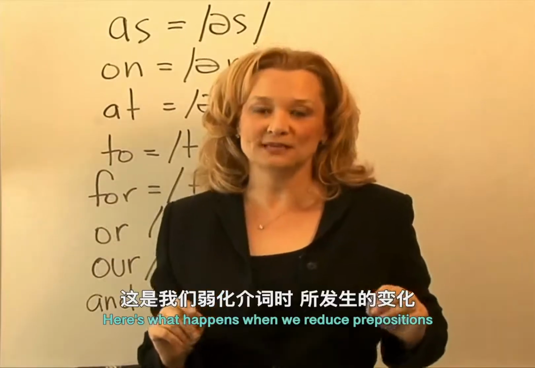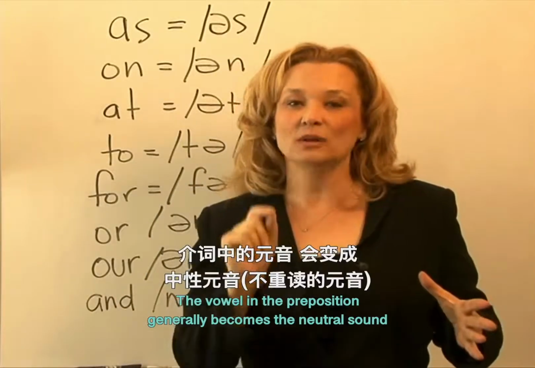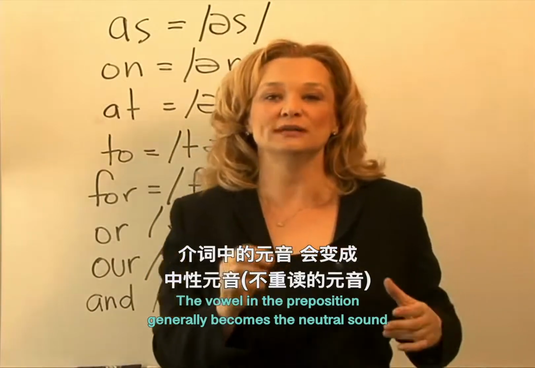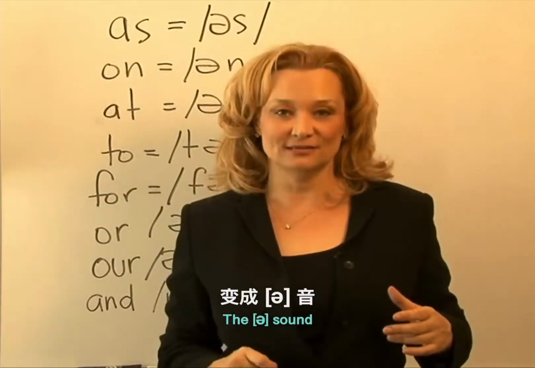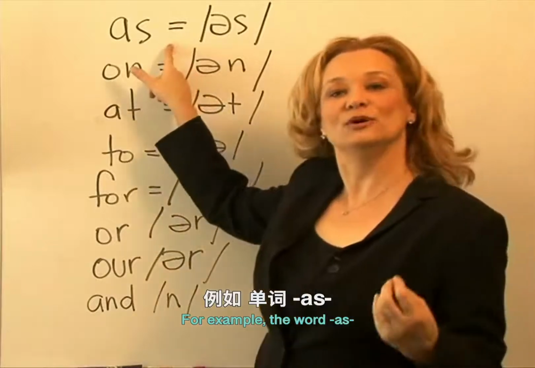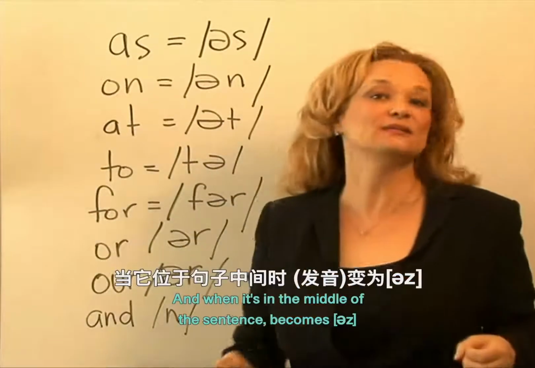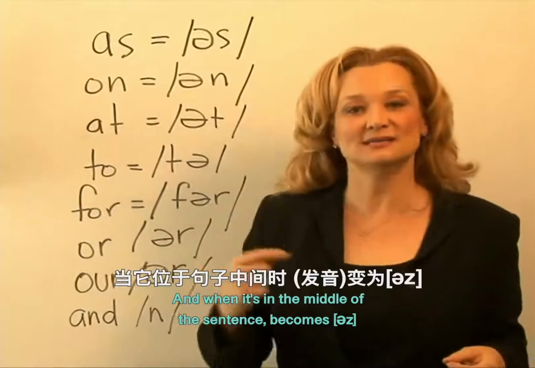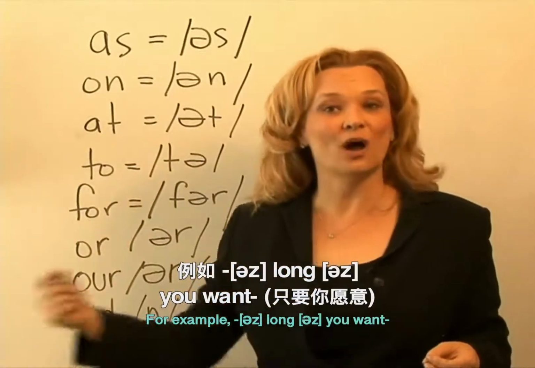Here's what happens when we reduce prepositions. The vowel in the preposition generally becomes the neutral sound, the schwa sound. For example, the word "as," when we say it naturally and when it's in the middle of the sentence, becomes "uz." For example, "as long as you want."